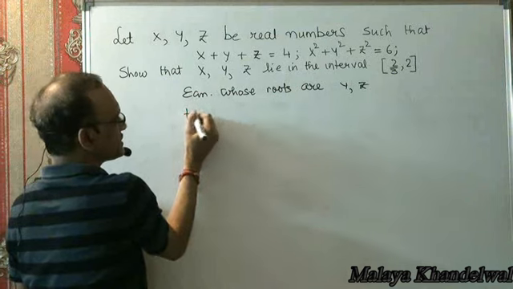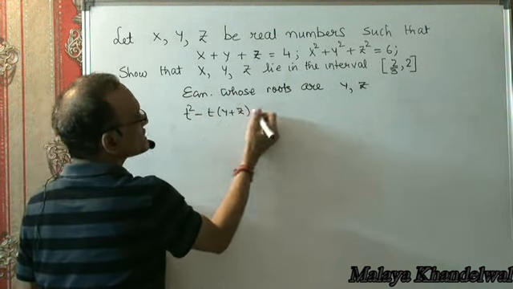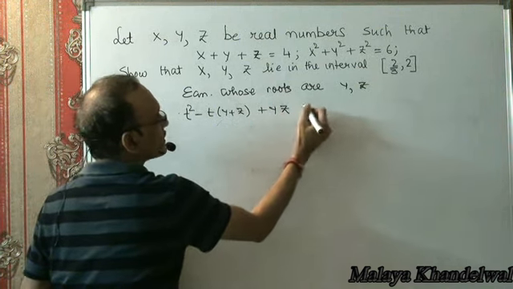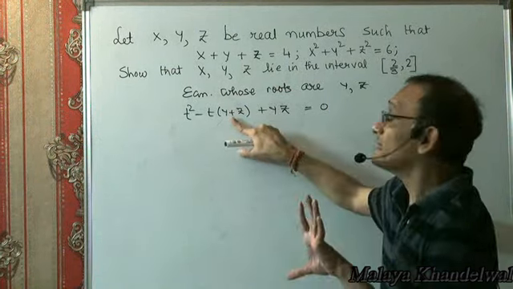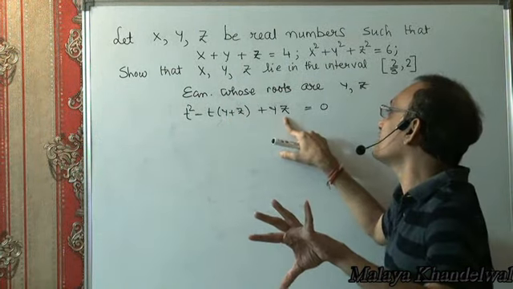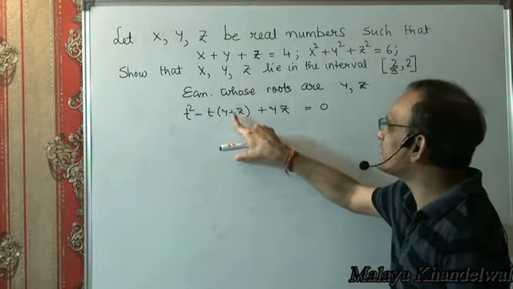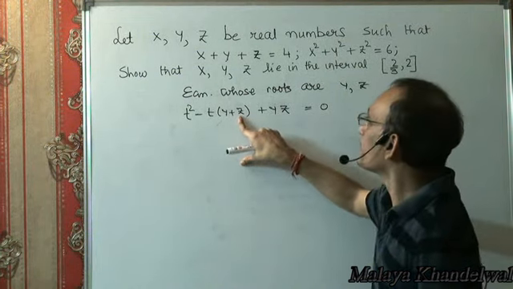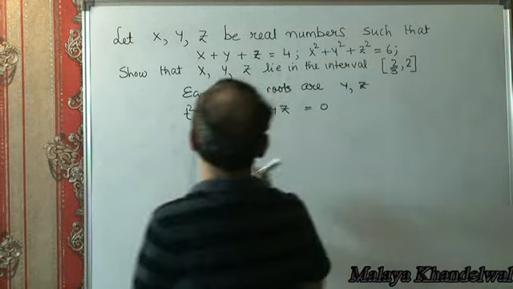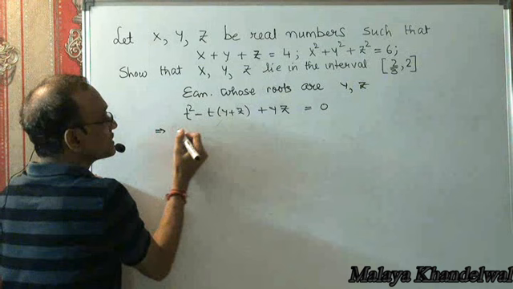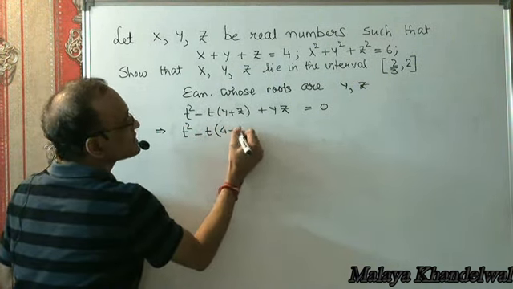That's going to be t squared minus t into (y plus z) plus yz equal to 0, isn't it? And in this, let me remove y and z with whatever I have at my disposal. Now y plus z is not difficult to eliminate here, because y plus z is 4 minus x, which I can write in terms of x, not an issue. So this is t squared minus t into (4 minus x).